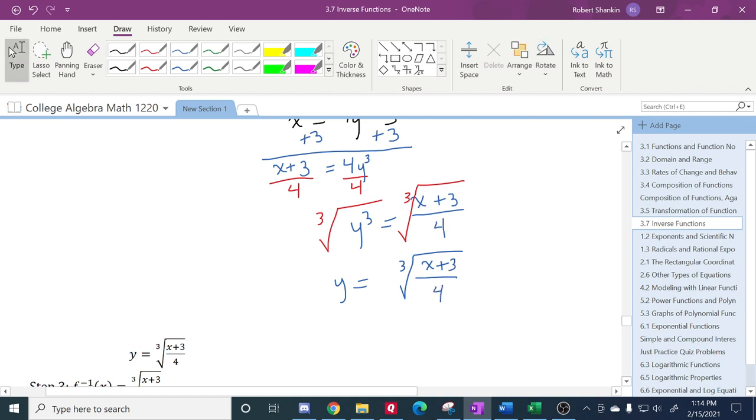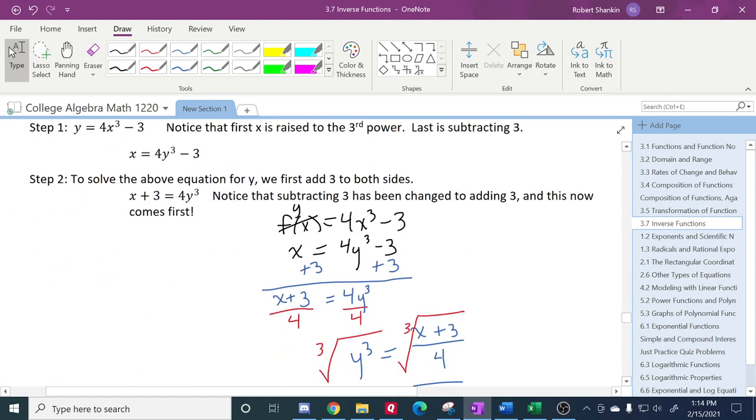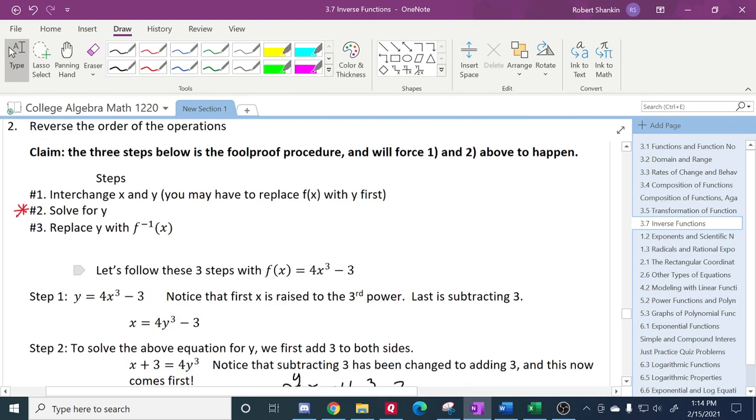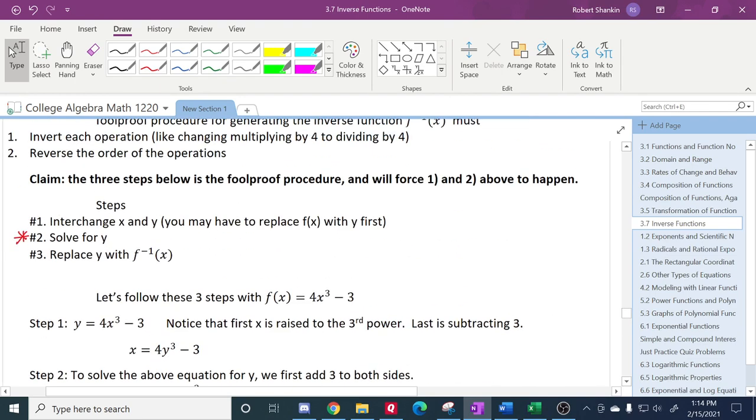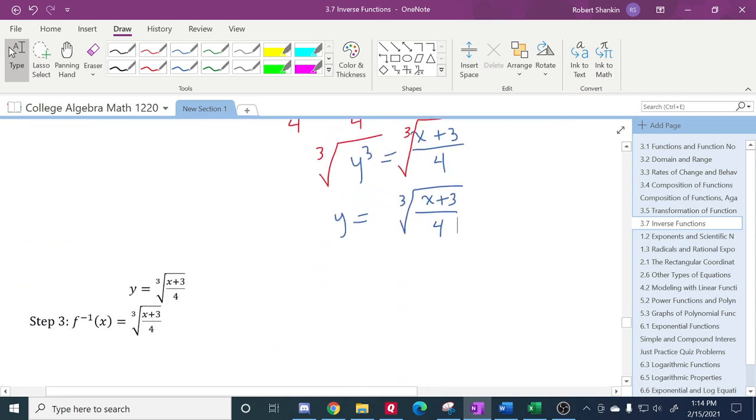So this step right here is where all the work happens, solving for y. The last step, replace y with f inverse of x, is just so that we know what we're talking about. The y is really the inverse function. f inverse of x is this function.